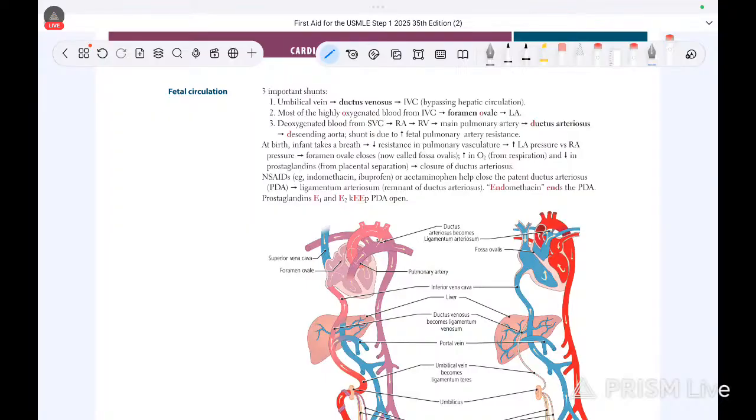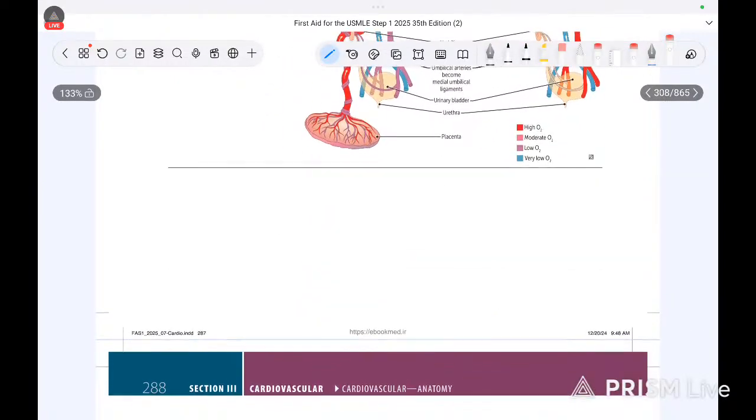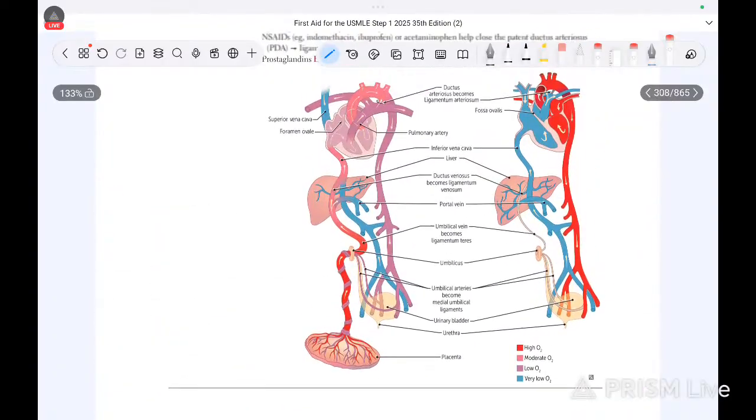It is because these NSAIDs inhibit prostaglandin production, thereby accelerating the closure of the ductus arteriosus. Prostaglandin E1 and E2 keep the PDA open, so inhibiting them will close the PDA, the ductus arteriosus.